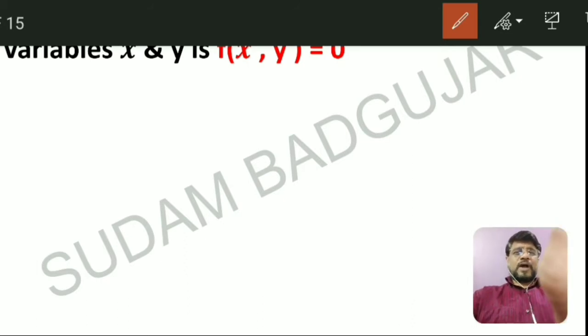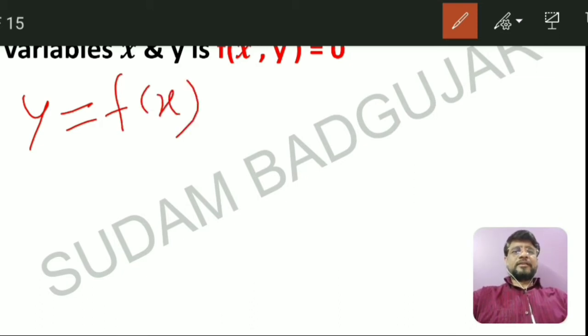Suppose y = f(x). Here y is purely a function of x. Such a function is called an explicit function.